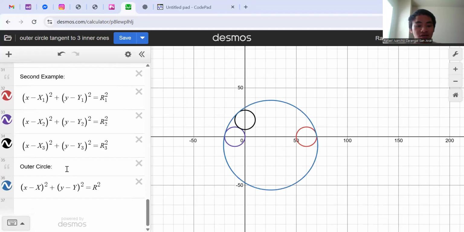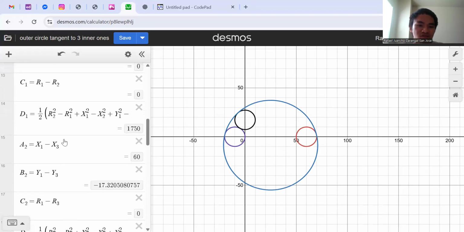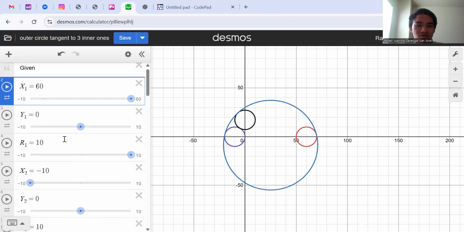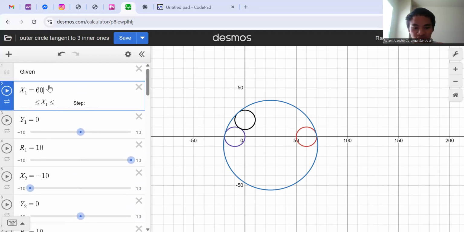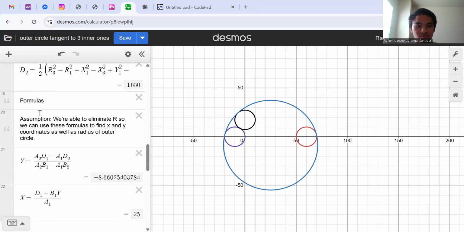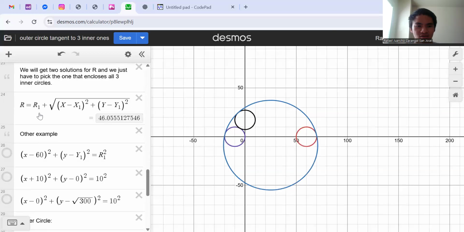Oh, I still get the outer circle. Because I was able to eliminate R. So even if I just play around, these two things should work, right?